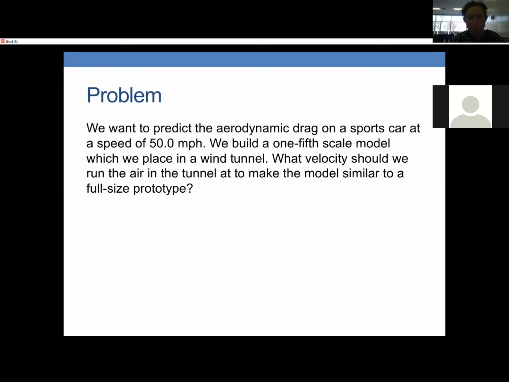So actually what we want to do is pick a velocity to make the Reynolds numbers the same. I'm going to use B for big car and S for small car here, and say Reynolds number big is equal to Reynolds number small.